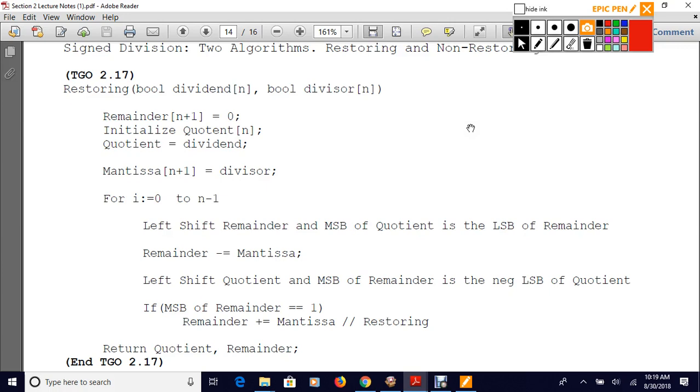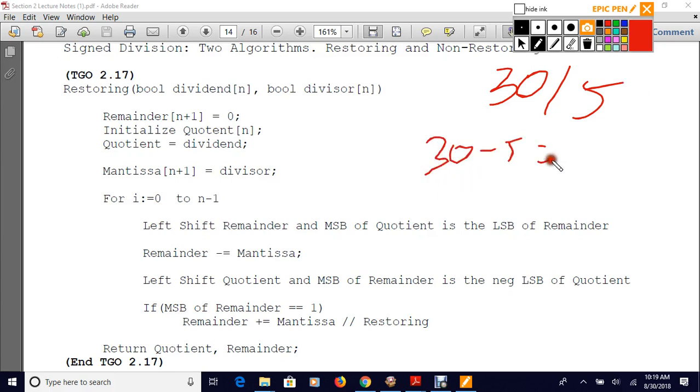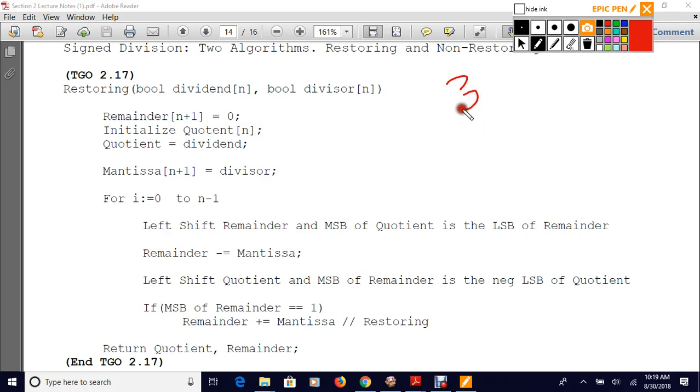And so what happens is, in order to keep track, if I would just do 30 divided by 5, right? What I'm doing is I'm seeing how many times I can take 5 out, right? So 30 minus 5 is 25. Okay, so that's 1. 25 minus 5 is 20, so that's 2, and so on all the way down to 6. And so you have to keep track of the remainder. So in some cases, let's do 31 divided by 5.